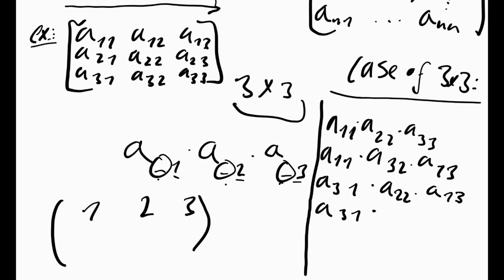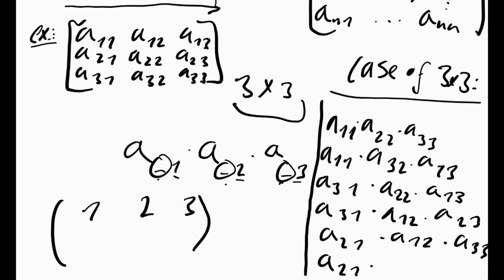Then A31 times, which one do we have left? A12 times A23. And let's start with A21 times A12 times A33, and A21 times A32 times A13. So we have 6 products.